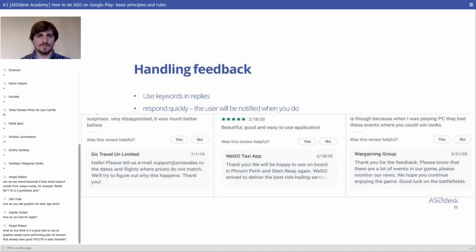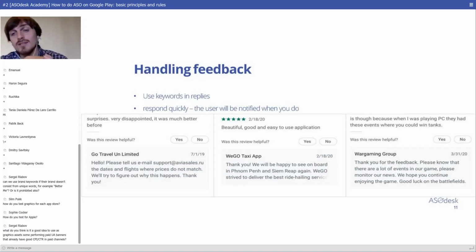Moving to the last part of our today's talk about App Store optimization on Google Play: how to handle feedback, or how to answer reviews, how to organize the job. The first important point is that keywords in the reviews to your apps are indexed, and the answers to these reviews are indexed as well.